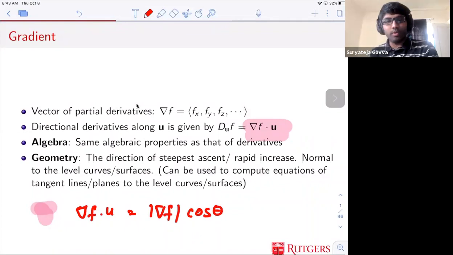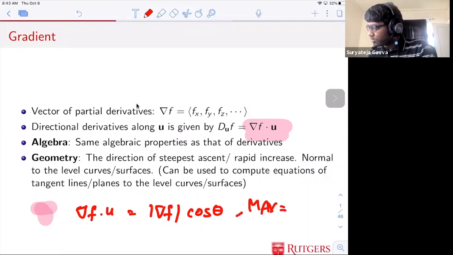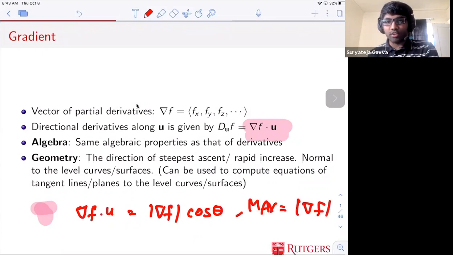Because cosine theta can be at most 1, the maximum directional derivative, the maximum rate of change you can get, is the magnitude of the gradient vector.